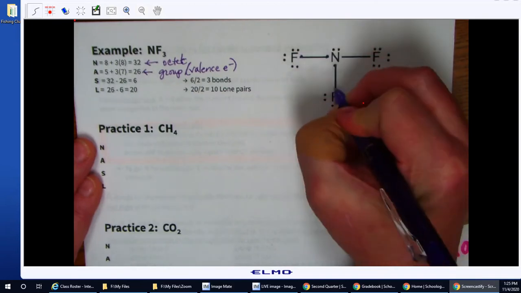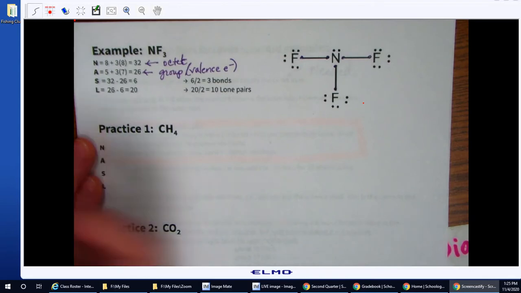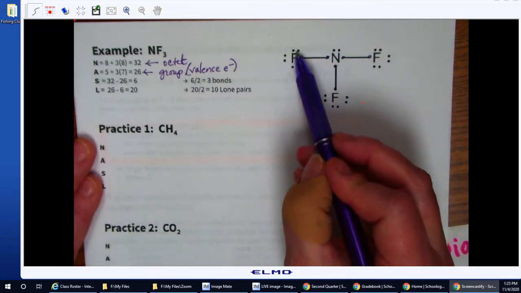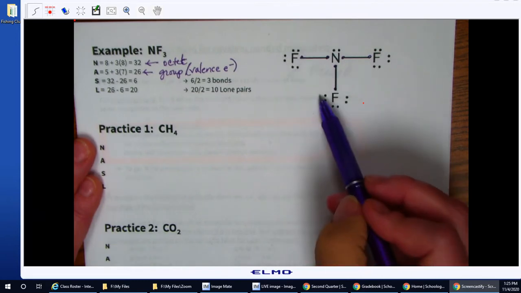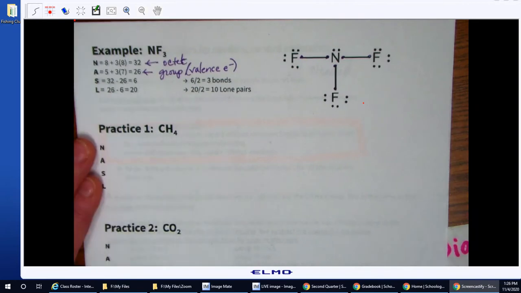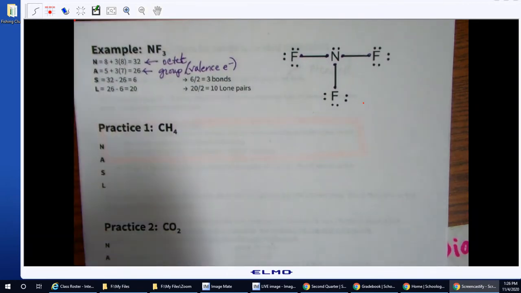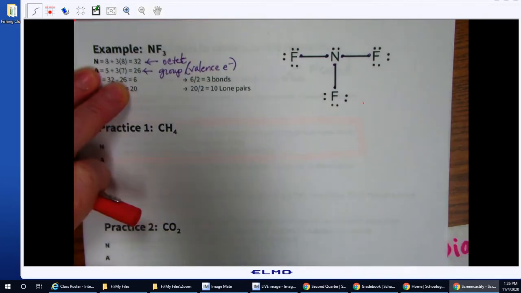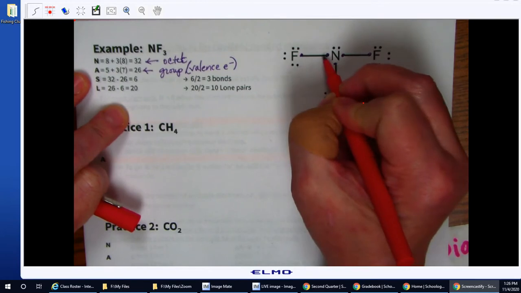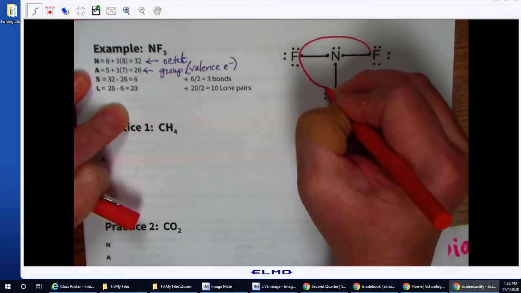They each contain 2 electrons apiece, right? And I've got 10 lone pairs. There's 1, 2, 3, 4, 5, 6, 7, 8, 9, 10. Notice every element is satisfied. It has its octet. So what am I doing? Up here, this needs 2, 4, 6, 8.